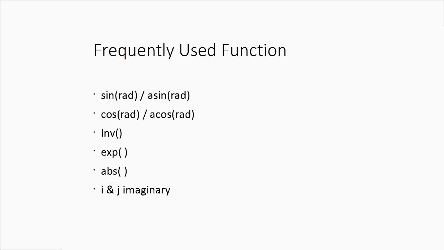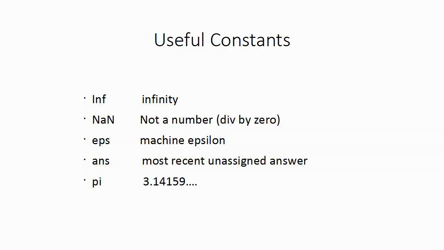For inverse, inv, here it's a small letter inv. Then exponentiation, and ABS, absolute value. Then these are the two letters used to represent complex numbers. In electrical engineering, we'll follow J notation instead of I notation because I is the symbol used to represent current.